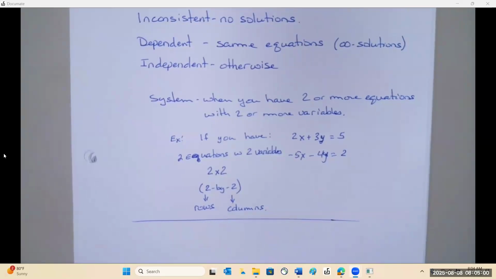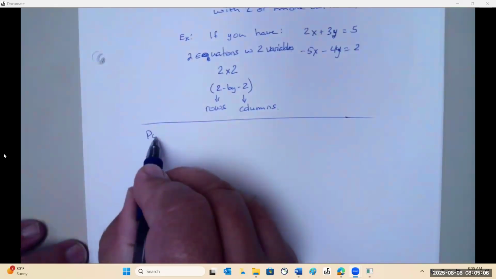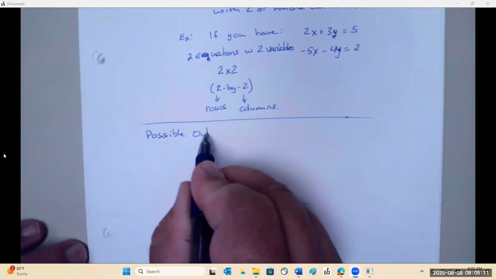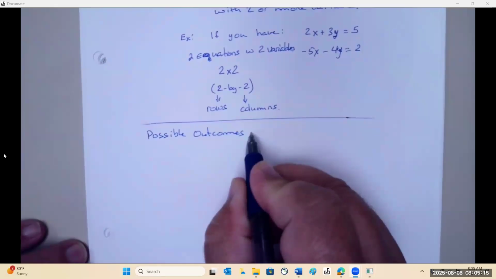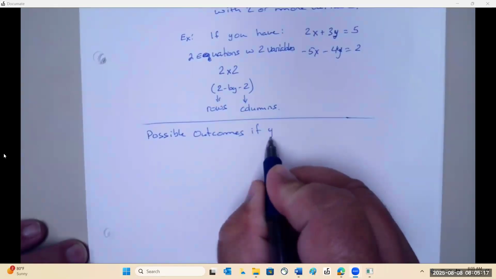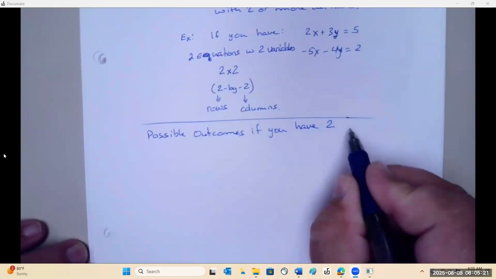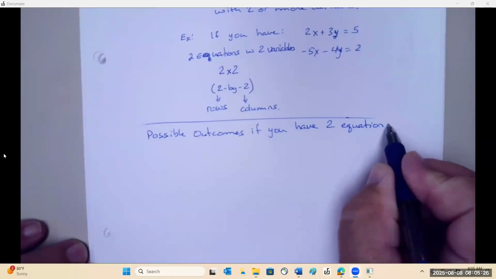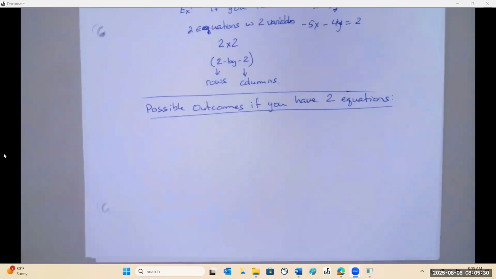So when you have two equations, what are the possible outcomes? We've talked about these earlier, actually.